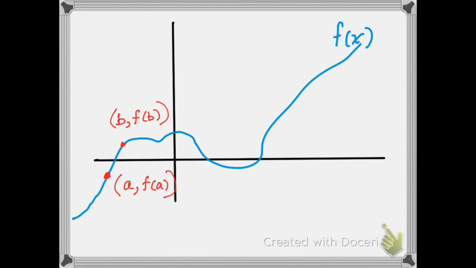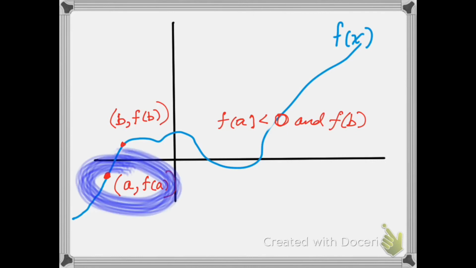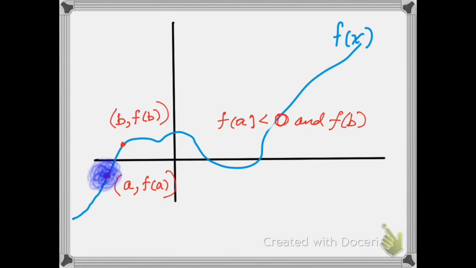What I want to say here is that if I can find two points like this, an A and a B, such that f of A is positive, f of A is greater than 0, and f of B, I did not want that to be positive, so let's back that up, reverse it. I want to say that f of A is less than 0, just to be consistent with my picture here. So that f of A is going to have a negative value, right? Because it is below the x-axis. So I've got f of A is less than 0. f of B is greater than 0.